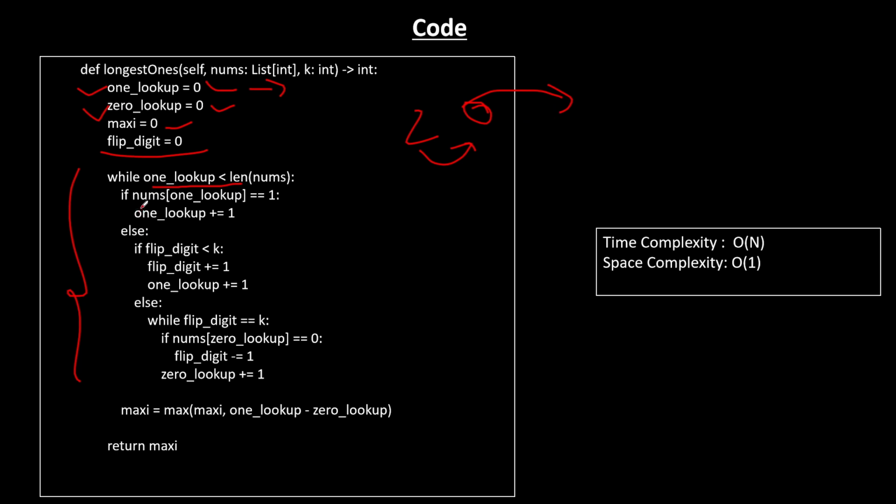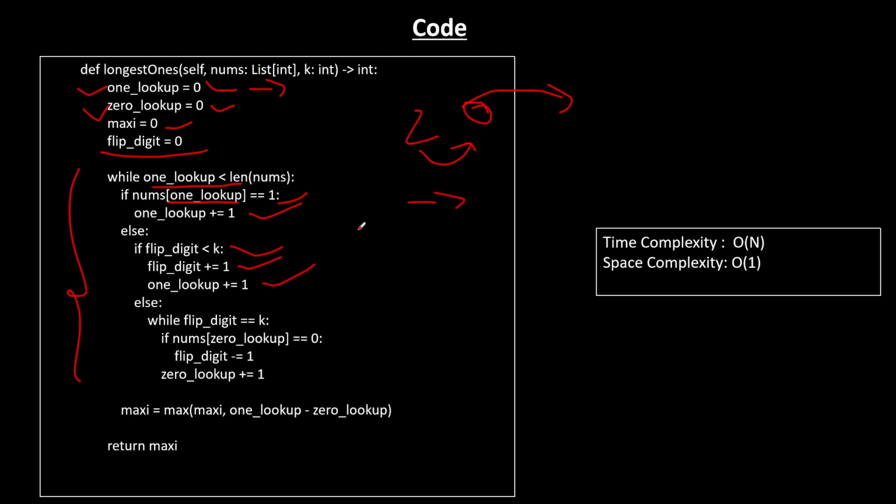Now, if the one lookup value is 1, we increment the index. Okay. But if it is 0, we will check if the flip digit is less than k. If it is, we increment the flip digit by 1 because we are converting 0 to 1, and we will increment the one lookup. Okay, we will move ahead again.